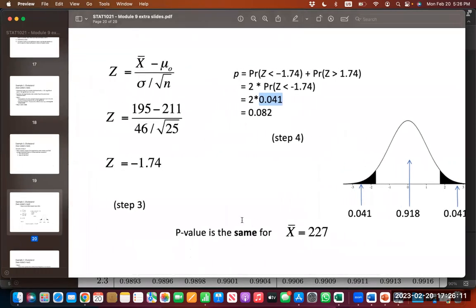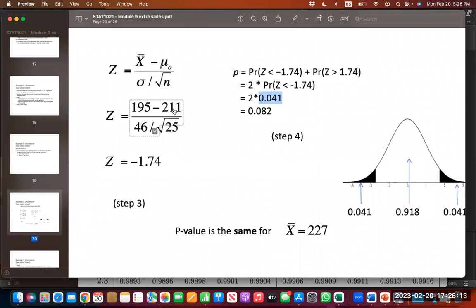So if you look at the calculation here, you had 195 minus 211. That gives you minus 16. If you're using 227 instead of 195, you have plus 16.